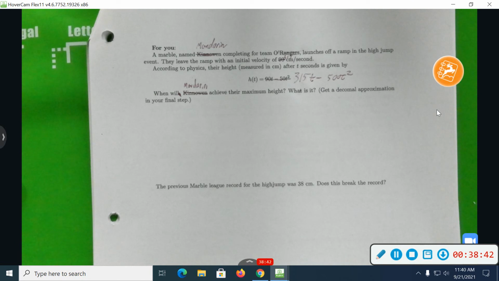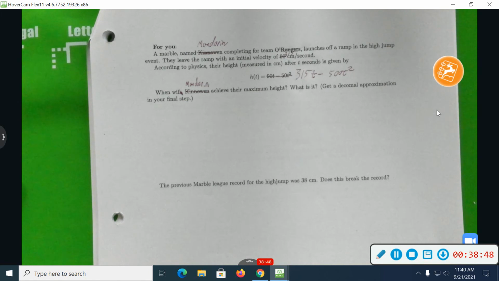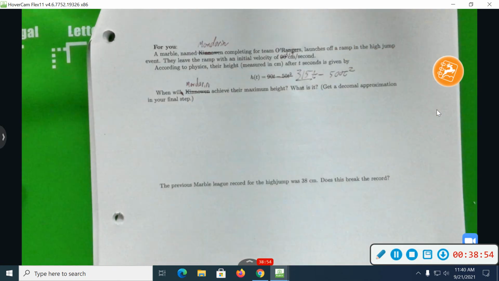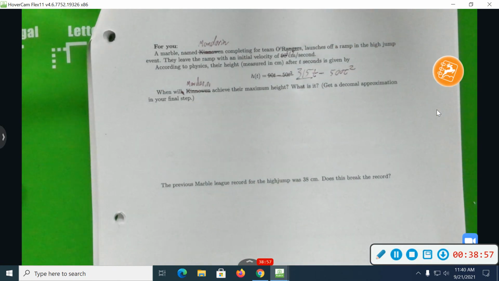So let's just study some setup. This competition amounts to going down a ramp and then seeing how high the marble goes. That marble had an initial vertical velocity of 315 centimeters per second. Some corrections had been made. I had written down the wrong marble and the wrong velocity.